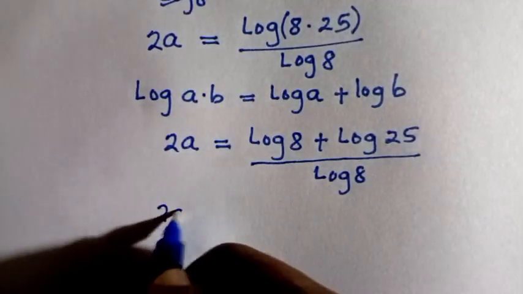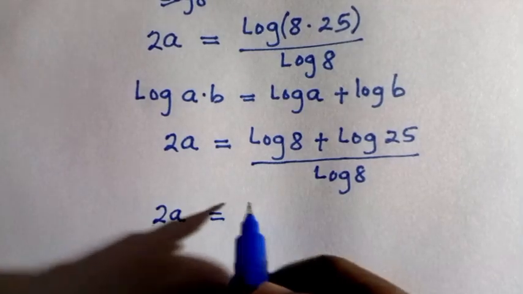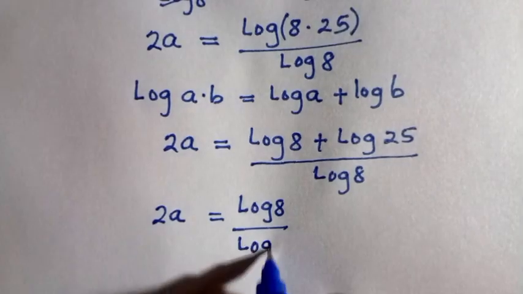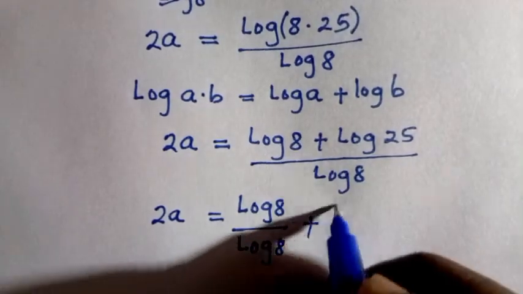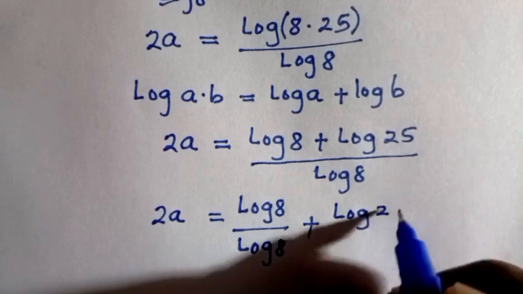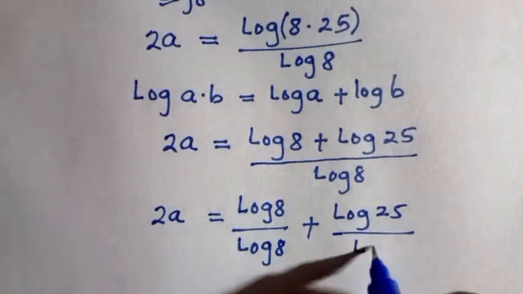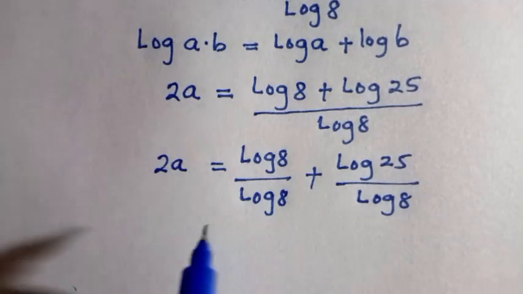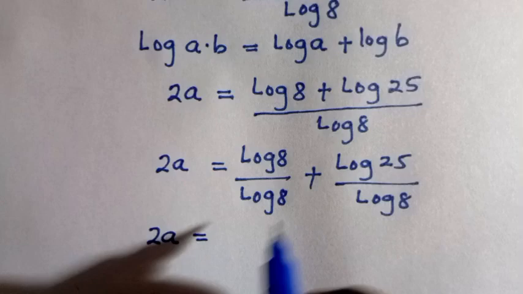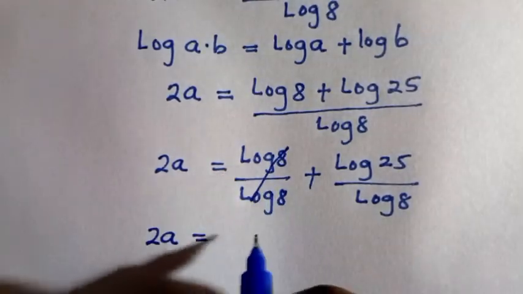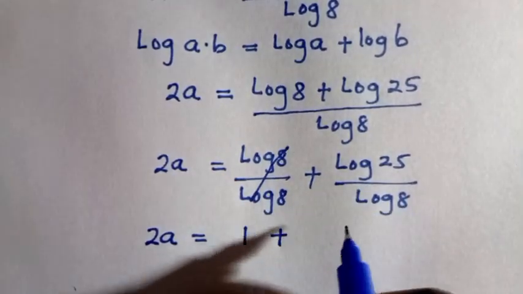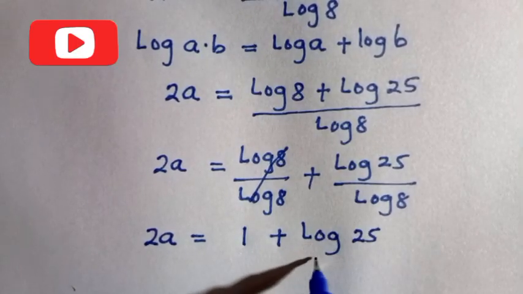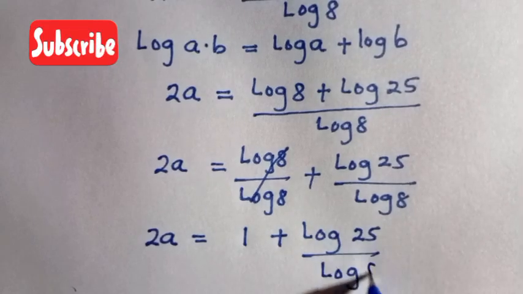And by basic algebra, we separate this as log 8 divided by log 8 plus log 25 divided by log 8. So next we have 2a equals, log 8 and log 8 are the same, they cancel, and we have 1 plus log 25 divided by log 8.